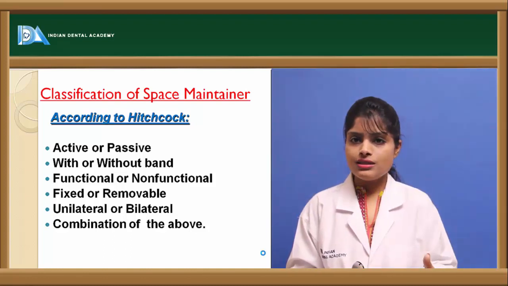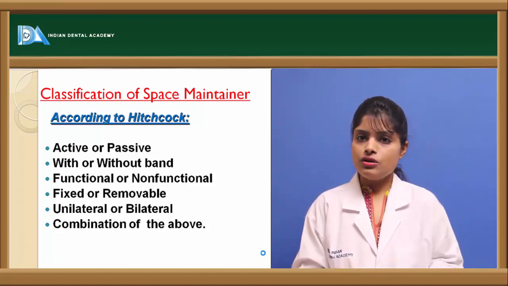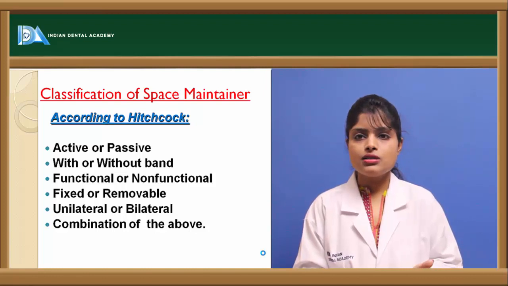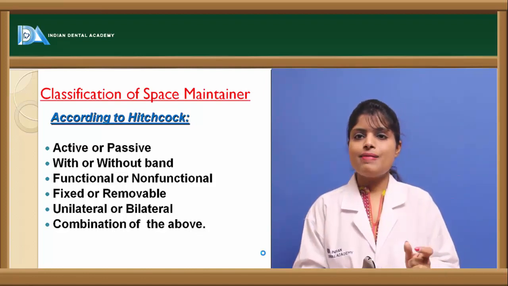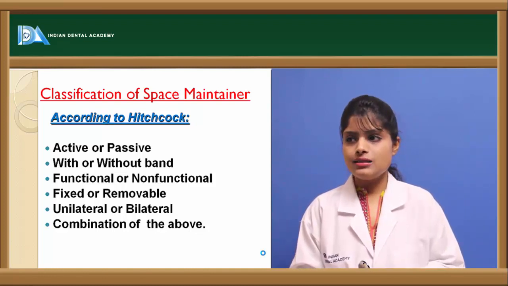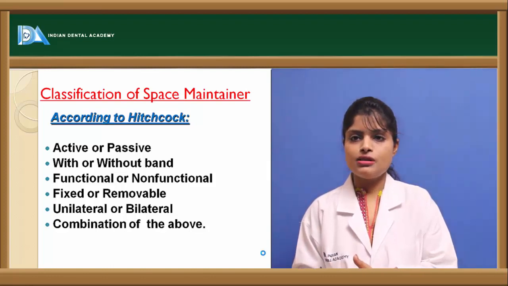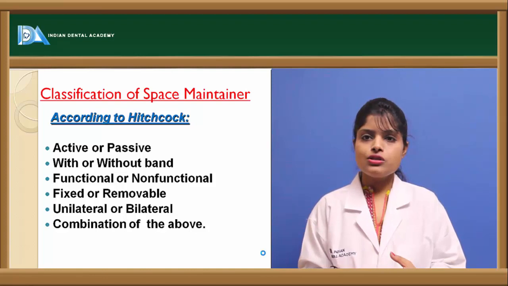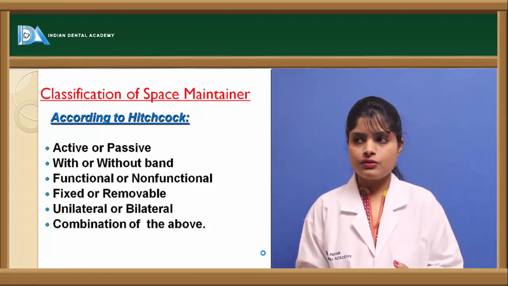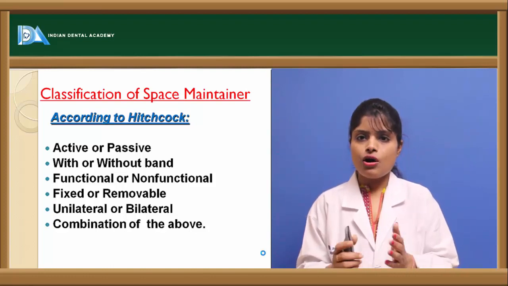Now the fixed or removable space maintainer. The fixed space maintainers are cemented in the oral cavity by means of those stainless steel bands which are kept in place. Now they can be unilateral or bilateral, for example transpalatal arch and Nance palatal arch, and they can also be a combination of the above. So it can be summed up as active or passive.